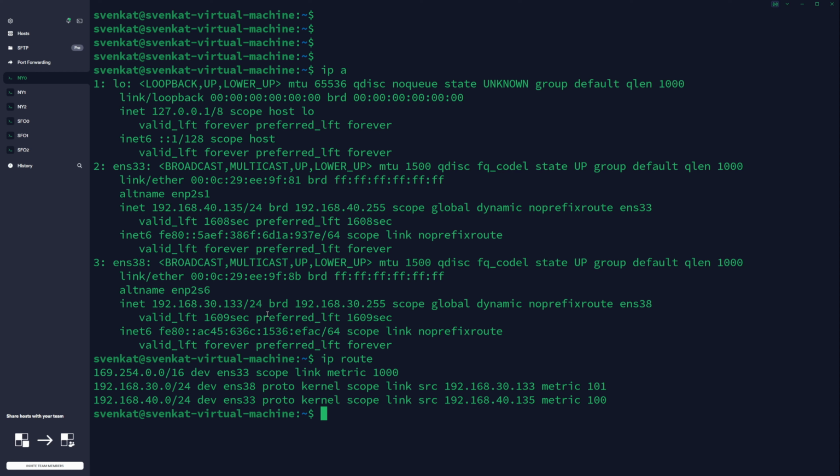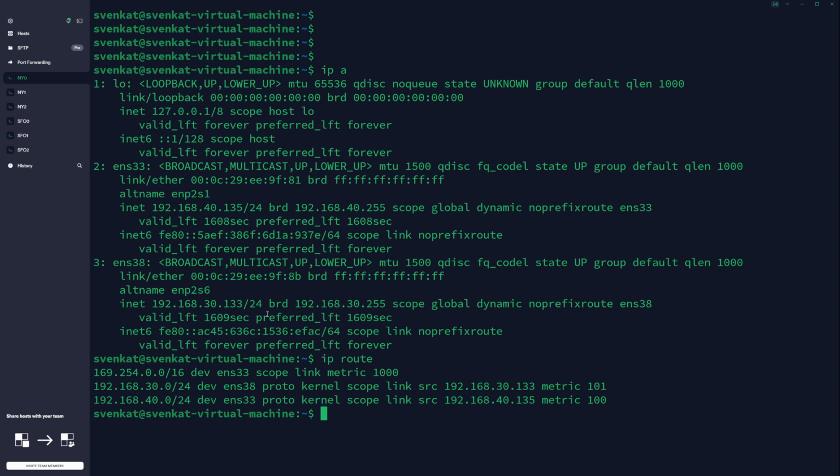If this computer wants to talk to anything on the 192.168.40 network, which is the San Francisco network, then it has to go through the ens33 interface. ens33 is the one that is connected to Chicago, and ens38 is connected to the local network.